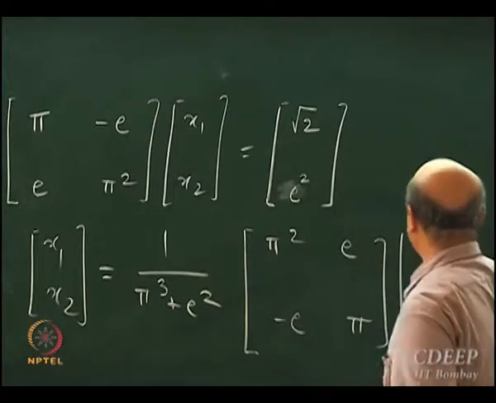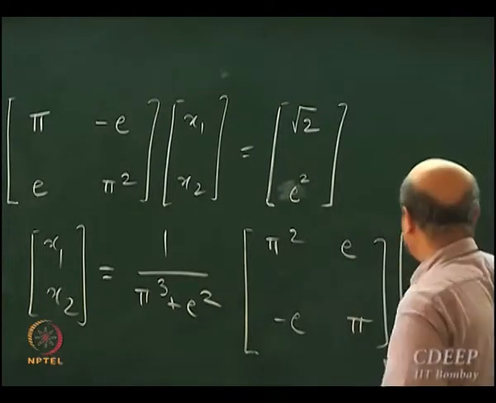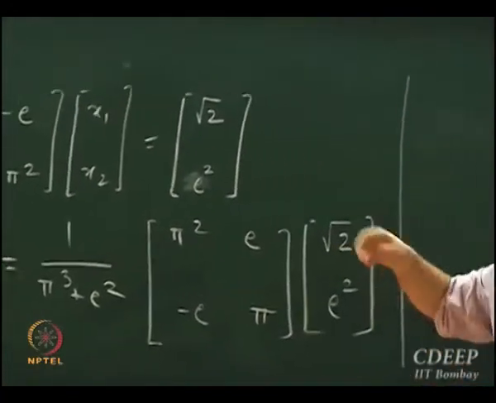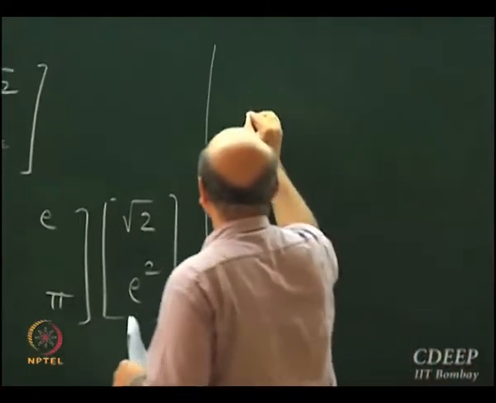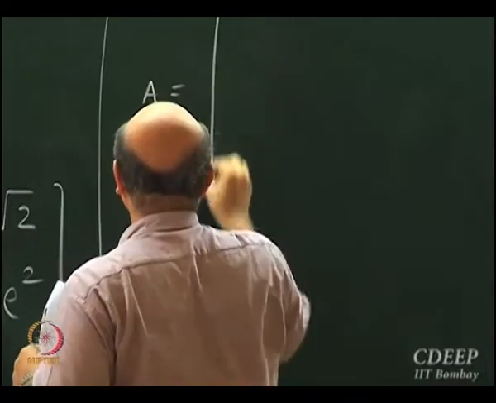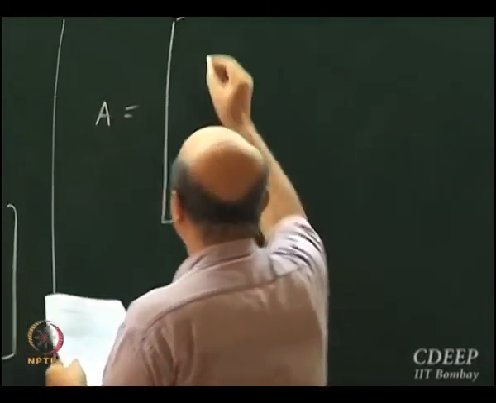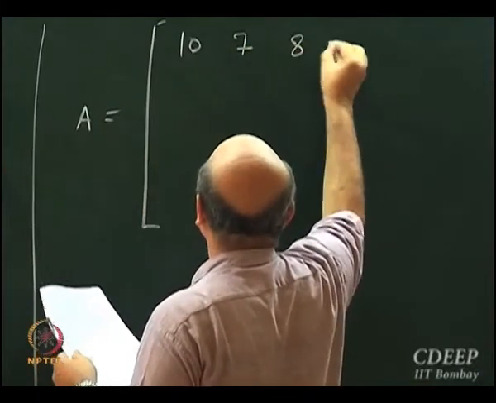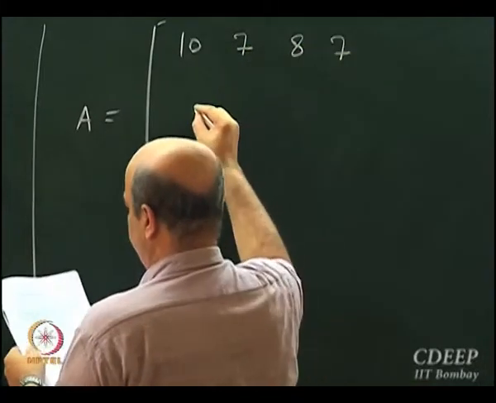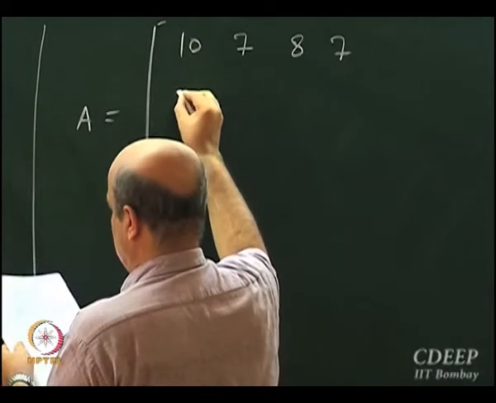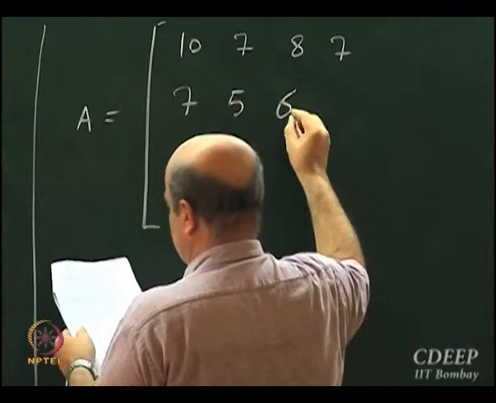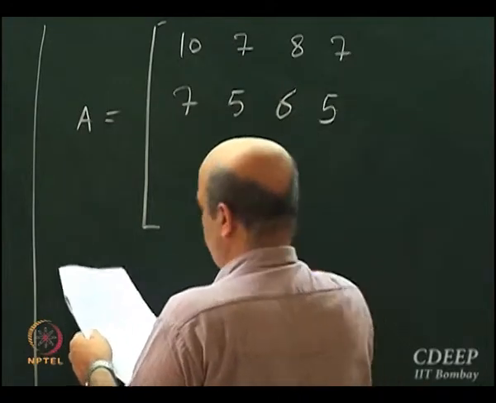I'll give you a simple example now, which is a little more involved. This looks like a very simple matrix. I have given this in the notes. This matrix is 10, 7, 8, 7, 7, 5, 6, 5.